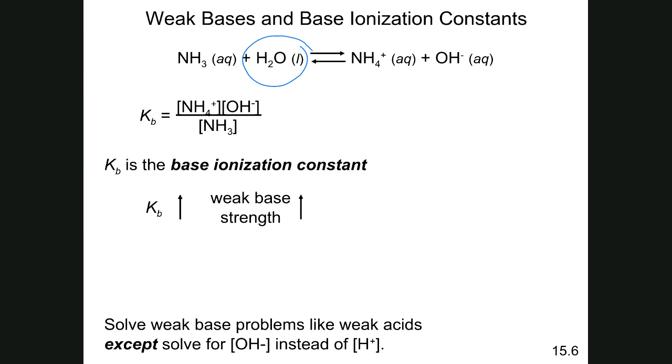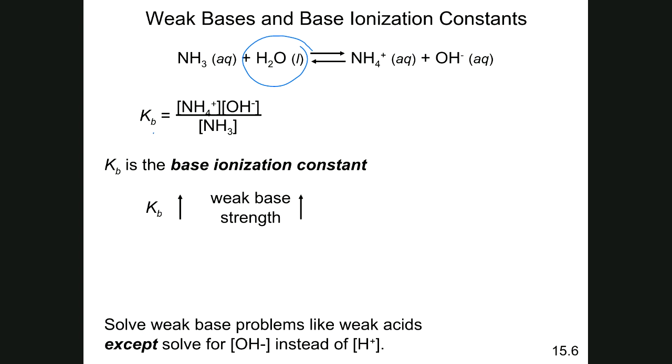You write the equilibrium constant expression for the base. That's why we call it Kb. It's the same thing as Kc for any equation based on concentration, but since we know this is a base, we name it Kb. Concentration of product over concentration of the reactant.